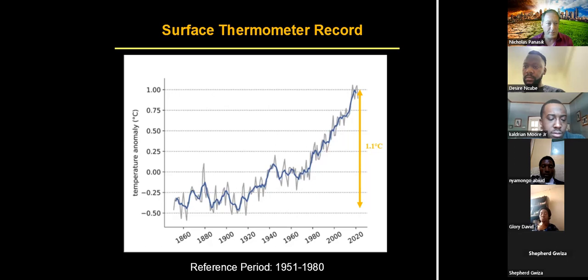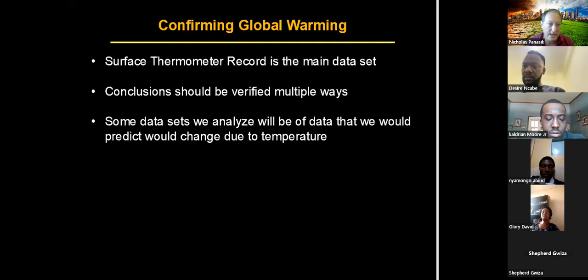So that's our surface thermometer record. And as all good scientists do, we like to have a lot of different ways to confirm or to validate the experiments and the data that we're seeing, okay? And we'd like to have a bunch of different ways.